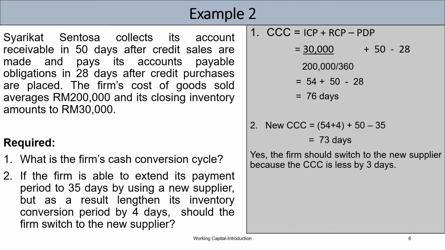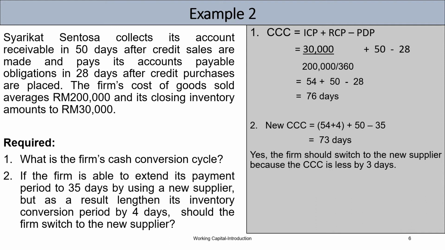So you plus the 4 days from the previous ICP. So 54 plus 4. And then plus 50 because there is no change in receivables collection period. And then what about the PDP? Okay, able to extend its payment period to 35 days, meaning the new PDP is 35 days. So minus 35 days. So the new CCC is 58 plus 50 minus 35, which is equal to 73 days.